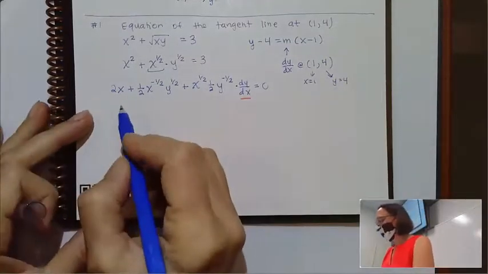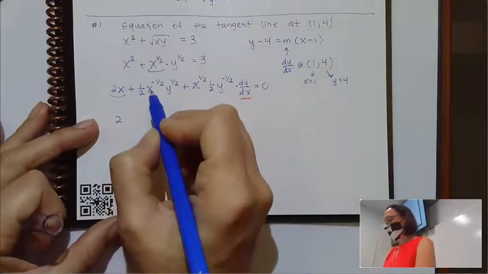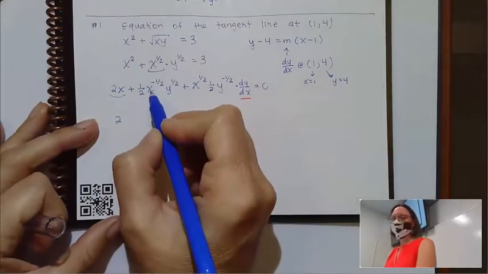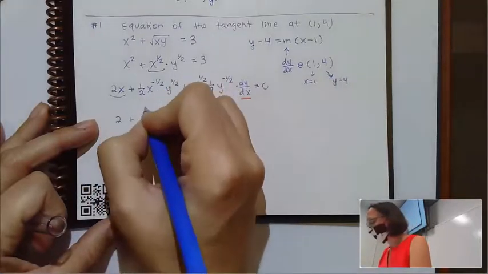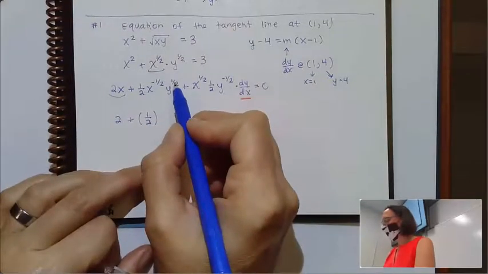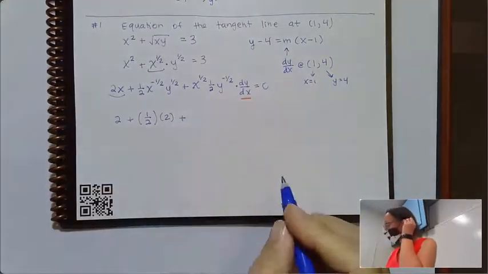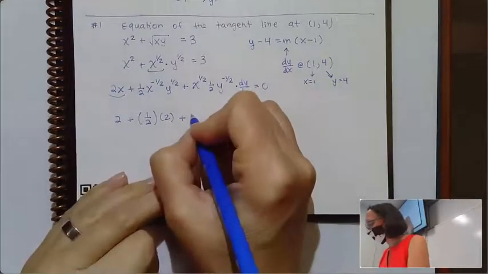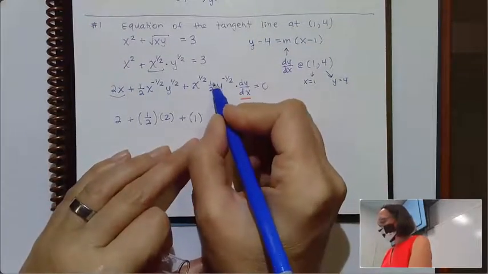And if I plug that in, 2x will just be 2. The square root of 1 is 1, and 1 over 1 is 1. So that'll be 1/2. Y to the 1/2 means take the square root of 4, that's a 2. X to the 1/2, that's 1 again. I've got 1/2.